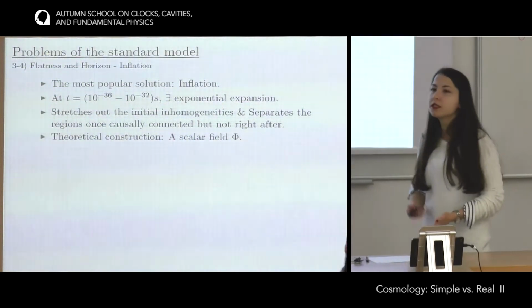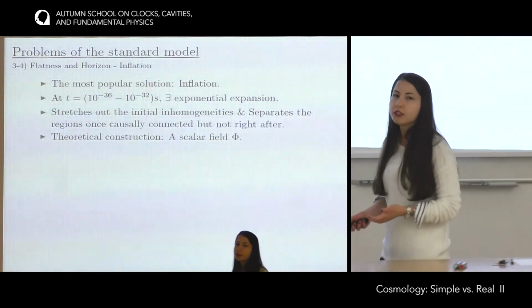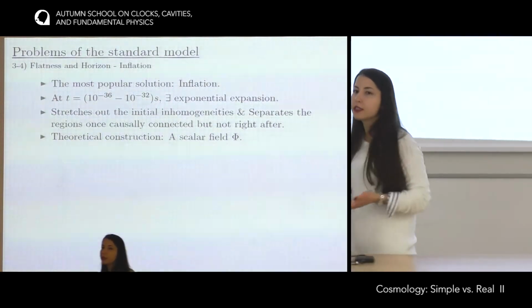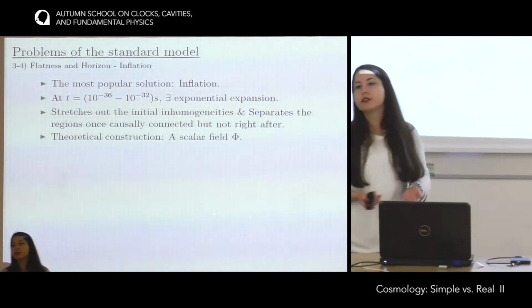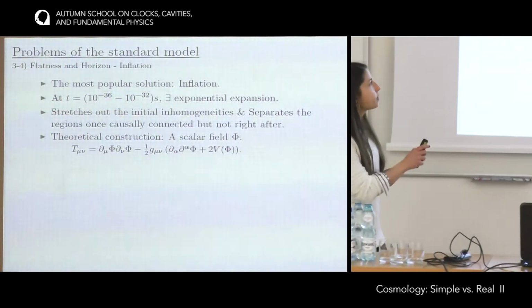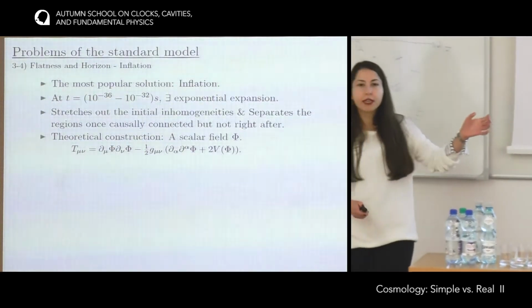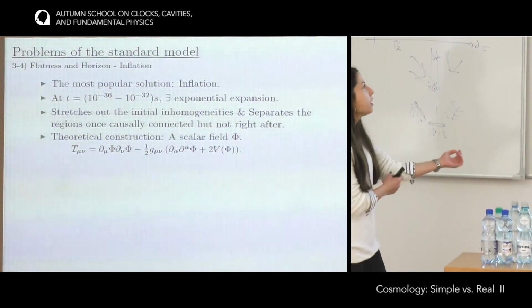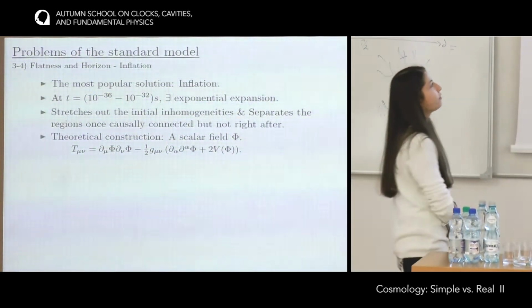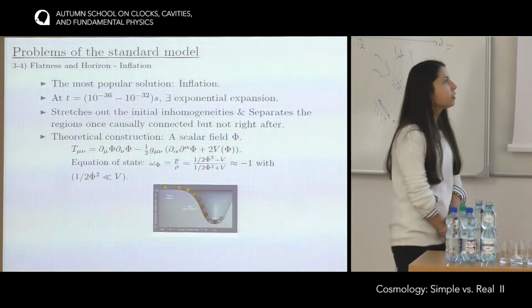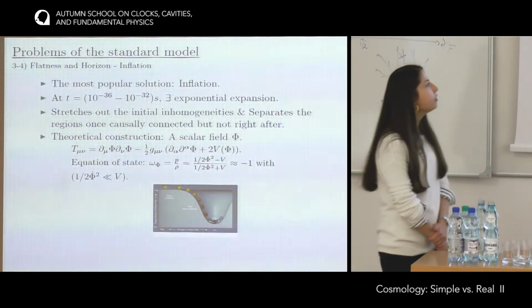The theoretical construction of inflation is obtained by assuming a scalar field. You write your stress-energy tensor, remember, on the right-hand side of the Einstein equations, via the scalar field. An equation of state looks like that.